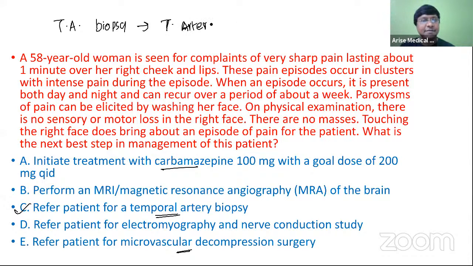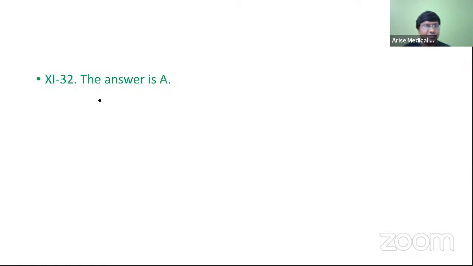Temporal arteritis is a large vessel vasculitis, also called giant cell arteritis. But the character of the pain given here is not at all temporal arteritis. In temporal arteritis, I will tell you what the features will be.